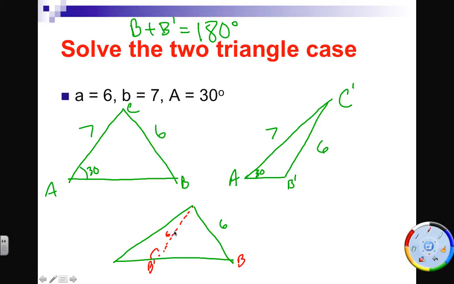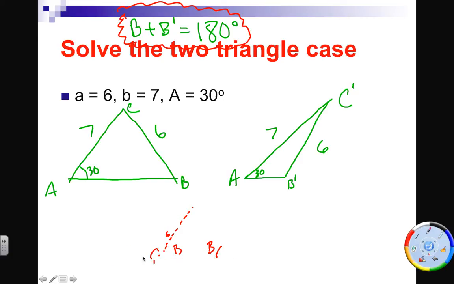Now, if you remember your isosceles triangles, 6, 6, and something, this angle here is also B, as this angle is B, which means angle B and angle B prime have to sum to 180 over here. So this is very important that you understand this, because you're going to use this information to solve the triangles.